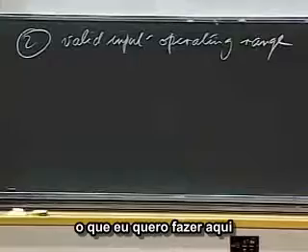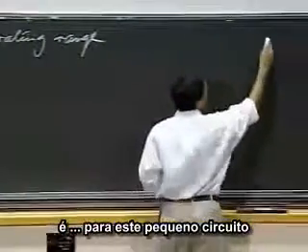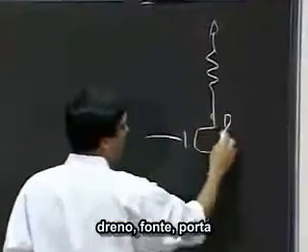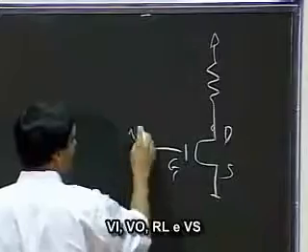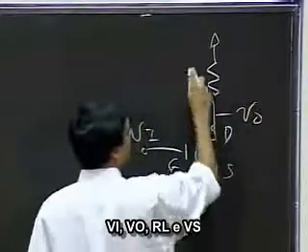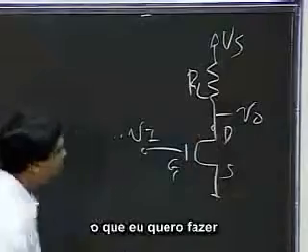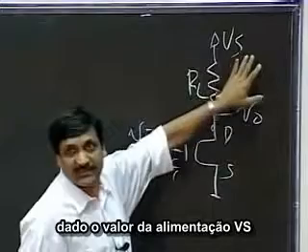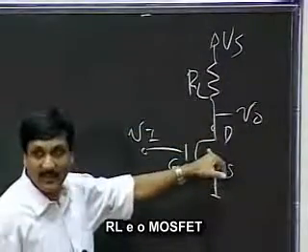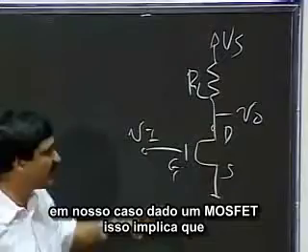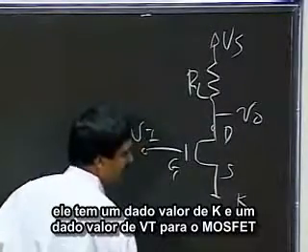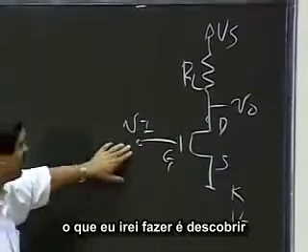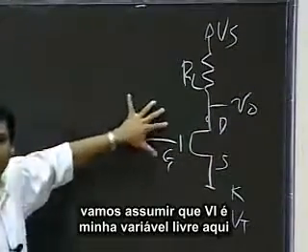What I'm looking to do here, for this little circuit with drain, source, gate, VI, V0, RL, and VS, is that given a value of the supply VS, RL, and a MOSFET, which implies a given value of K and a given value of VT, I'll assume VI is my free variable.